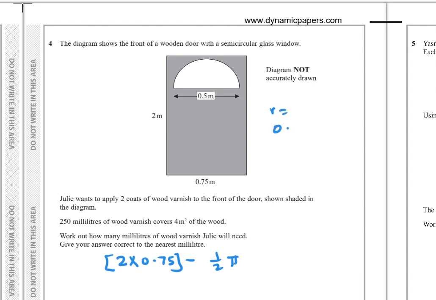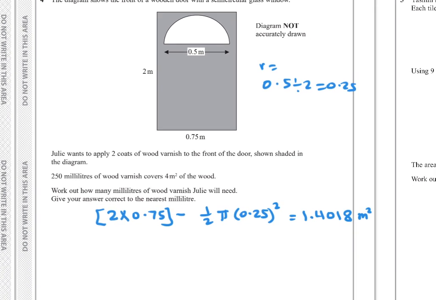To find the radius, 0.5 divided by 2, so 0.25. So half pi times 0.25 squared equals 1.4018 to 4 decimal places, meter square.